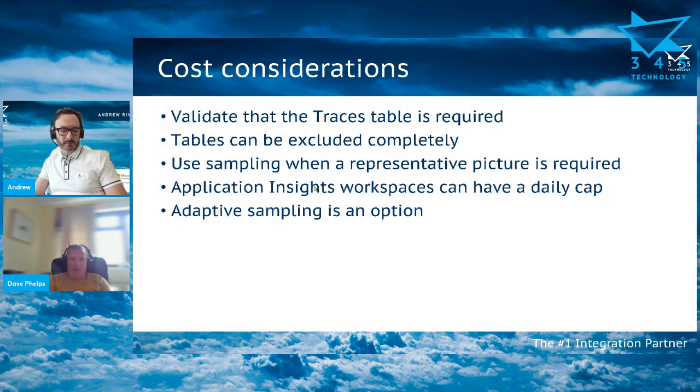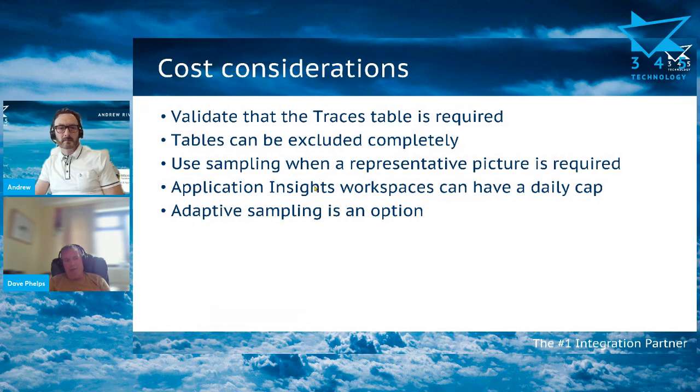Yeah, as we said earlier on, some of the tables like traces have quite a bit of data that goes in there from Logic Apps and functions. So you could turn on sampling to reduce what's going into that table, which is going to reduce cost. The two things that really affect cost are how long you keep that data for, where you get a certain time period for free and after that you have to pay, and the amount of data that you ingest.